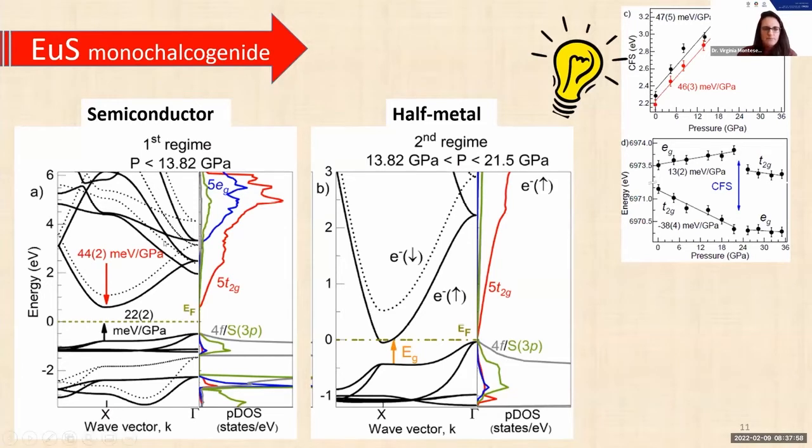This value is very similar to the one obtained by XANES, 38 millielectron-volts per gigapascal. So this decrease leads to the half metallization, and it's a half metal because only spin-up electrons occupy the Fermi level.